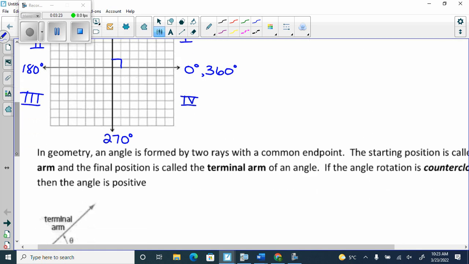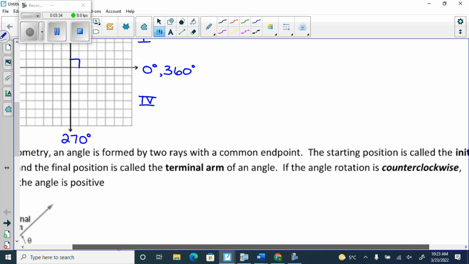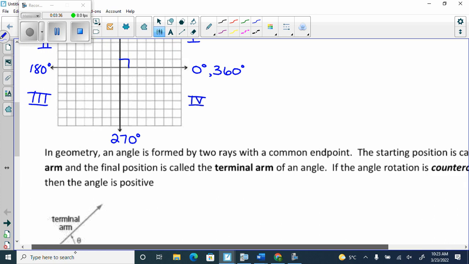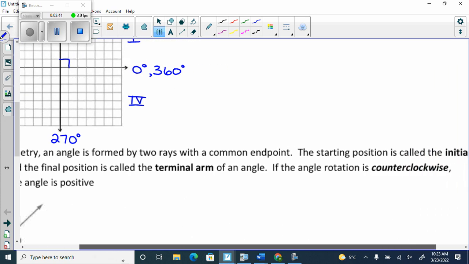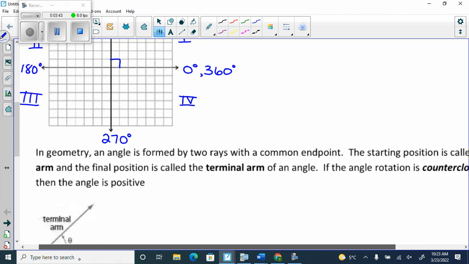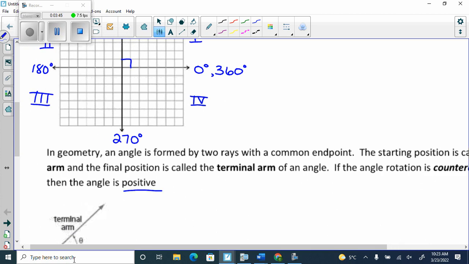So here it says, in geometry, an angle is formed by 2 rays with a common endpoint. Okay? So the rays meet where the angle is. The starting position is called the initial arm, and the final position is called the terminal arm of an angle. If the angle rotates counterclockwise, then the angle is positive. We said that.